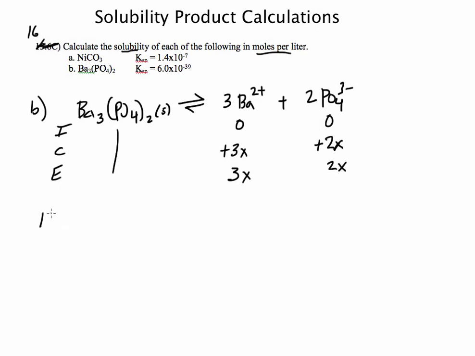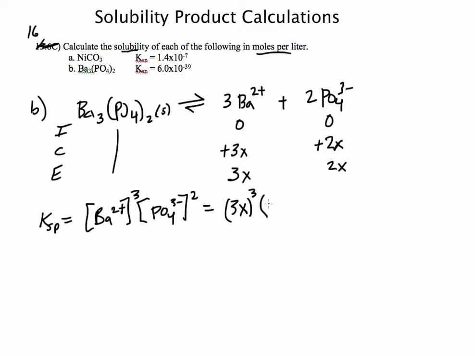Come back down here to my Ksp expression, plug in for barium 2 plus, and cube it. I'm going to multiply that by my phosphate, which is going to be squared. So I'm being careful to include those coefficients in my expression. Then I'm going to plug in my 3x cubed and my 2x squared.